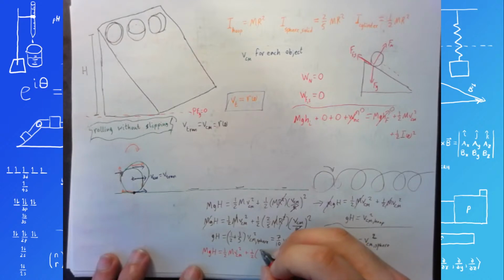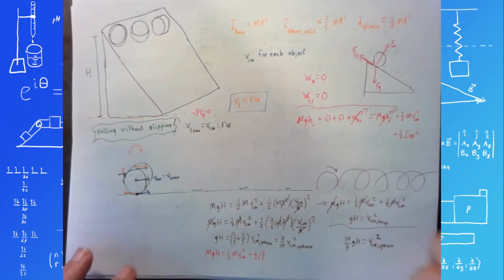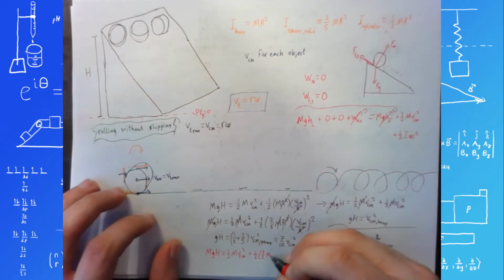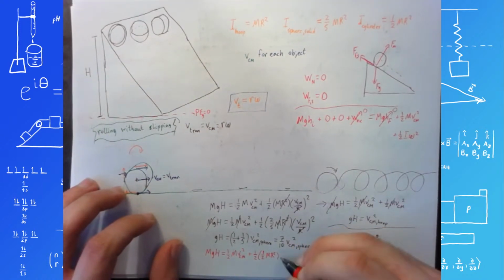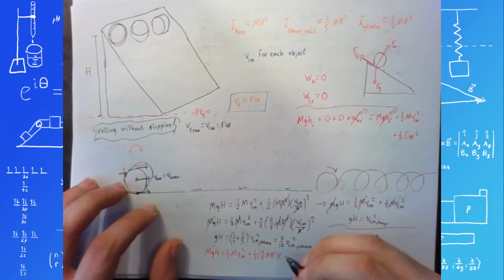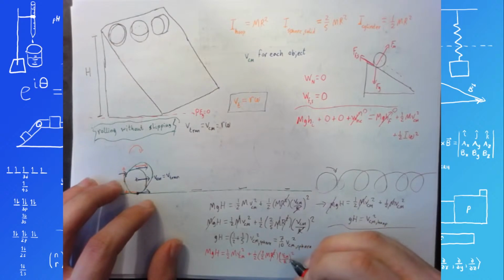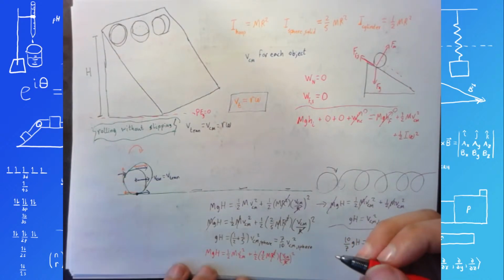Moment of inertia is 1/2 mr squared. I don't know why I was blanking on that. And then omega squared of the cylinder is going to be V center of mass over R all squared. This R squared and this R squared will cancel out.